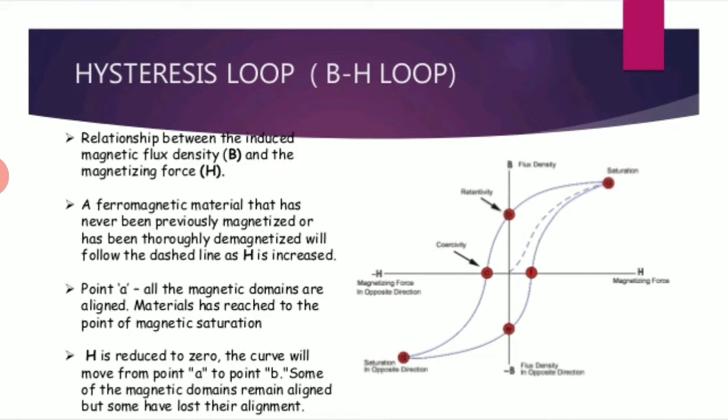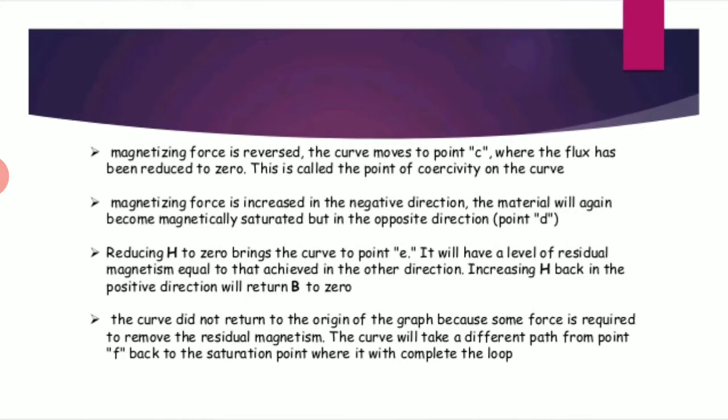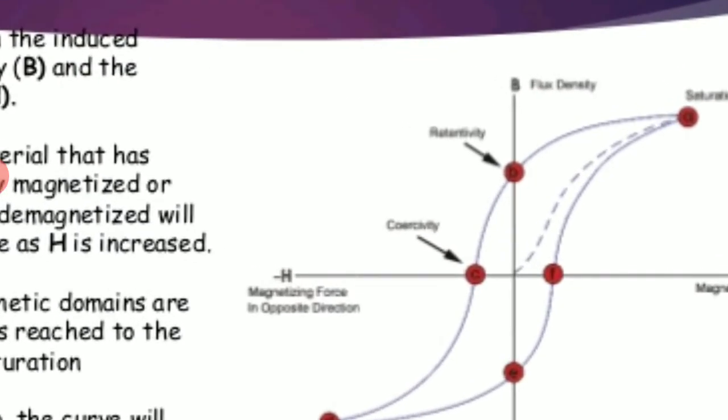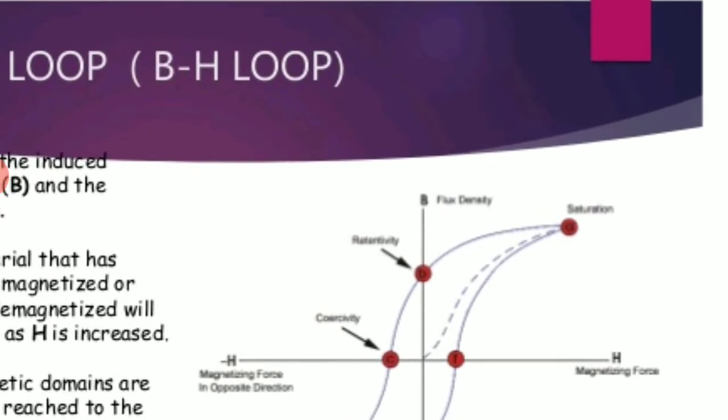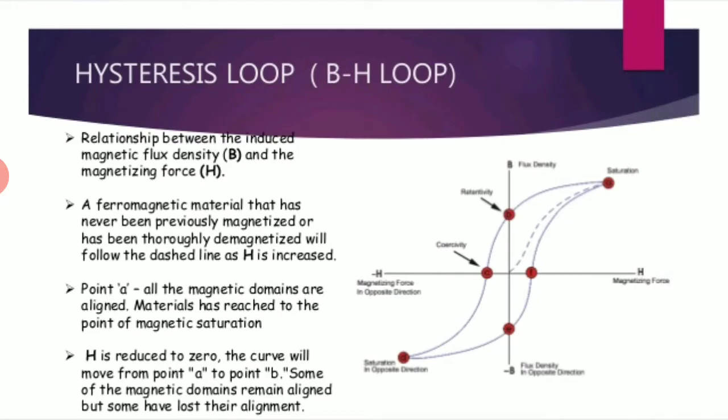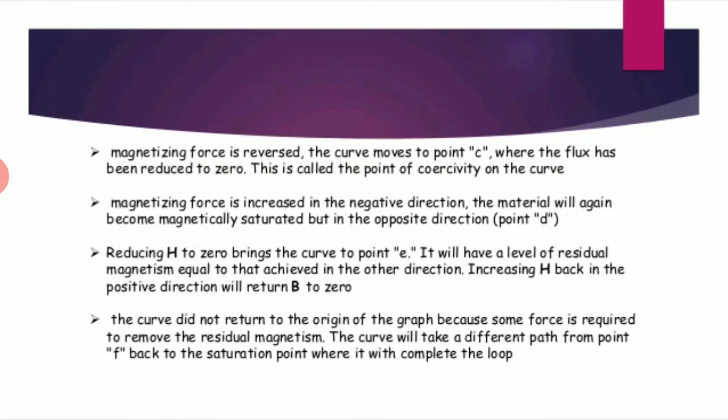Then when we reduce H to 0, the curve will move from point A to point B. Some of the magnetic domains remain aligned, but some have lost their alignment. When we reverse the magnetizing force, the curve comes to point C. Here, as shown, is point C, where the flux has been reduced to zero.